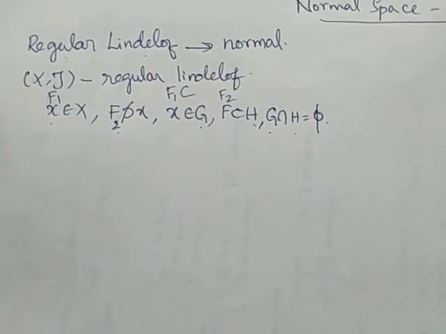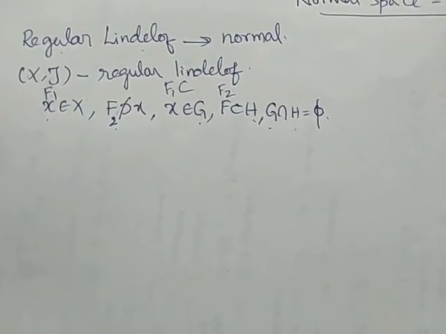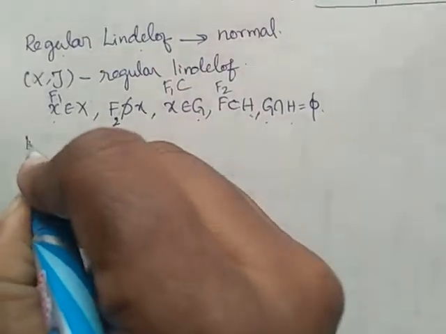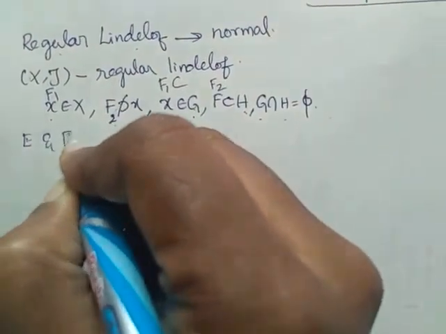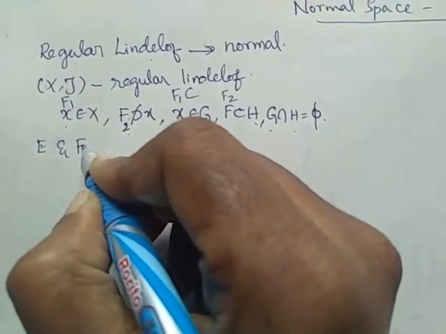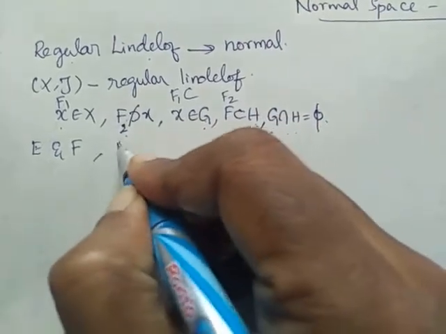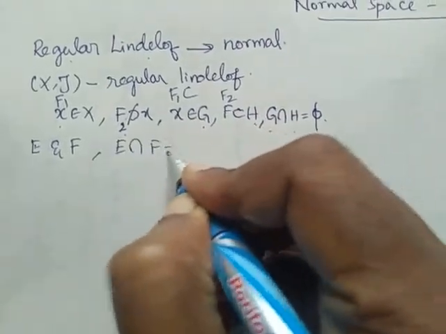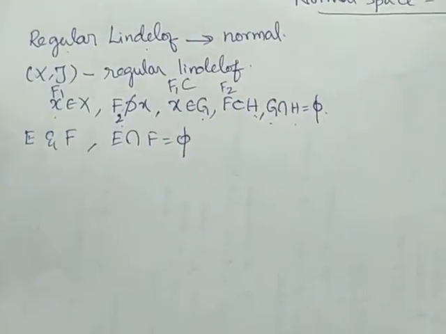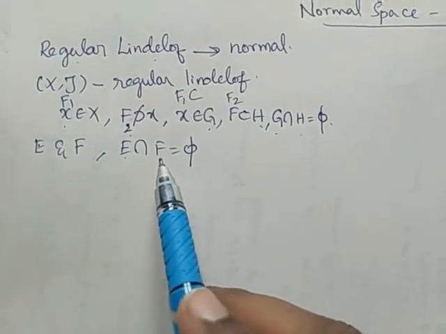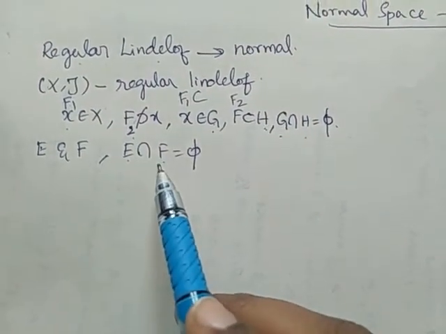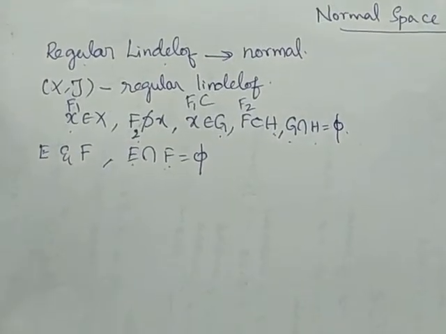This is what we have to prove. So I have to consider two closed sets. I am taking E and F as two disjoint closed sets, which means the intersection of E and F is the null set. I am considering E and F as two closed subsets of X.